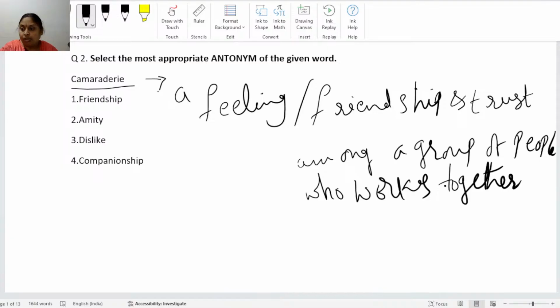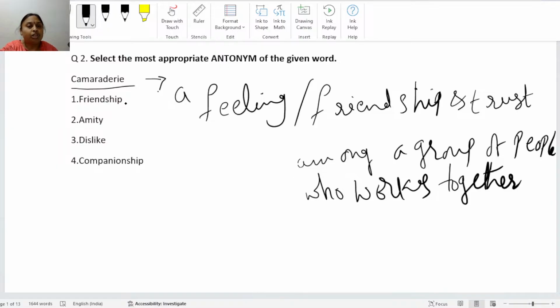This will be known as shared experience, which comes under camaraderie. Simply, camaraderie means close kinship. The relationship will be very close between the group of people.